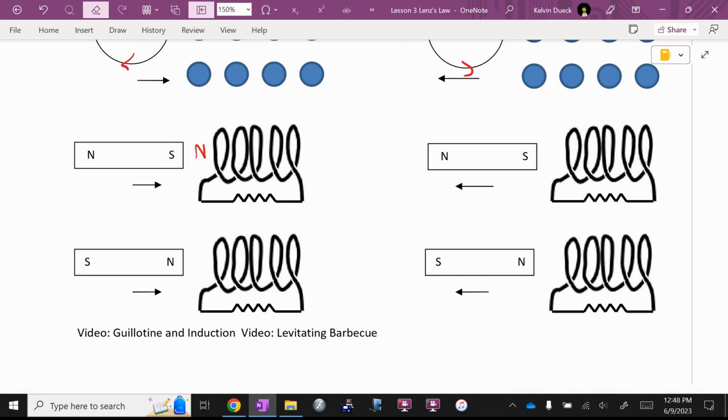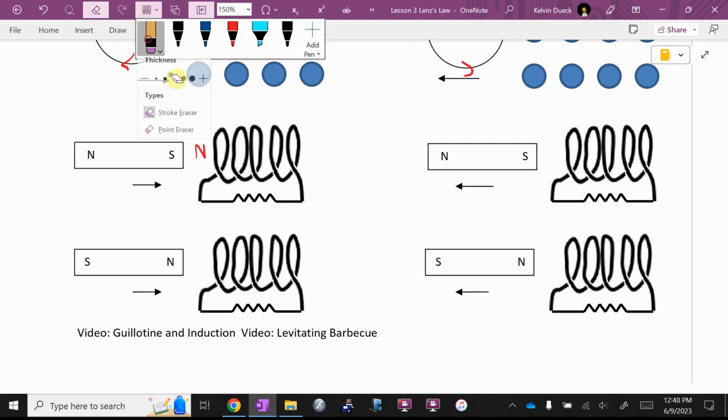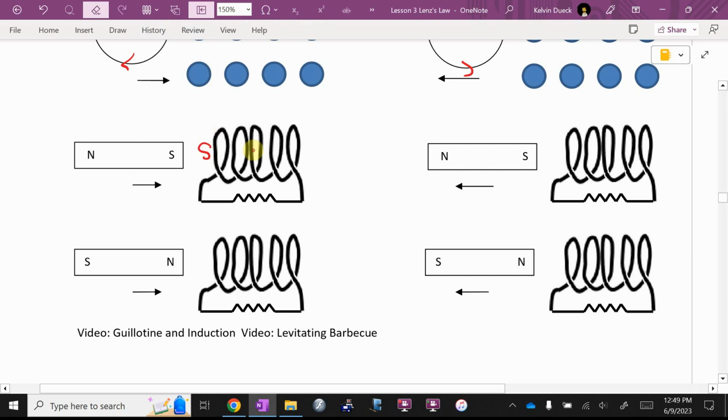That's free energy. Lenz's law says, no, you don't. It's going to put a south pole there, a north pole there, and now I can hold that in my hand. I think the current is going to flow that way. Is that right? Let me know if I'm making a mistake, but I think I'm good.